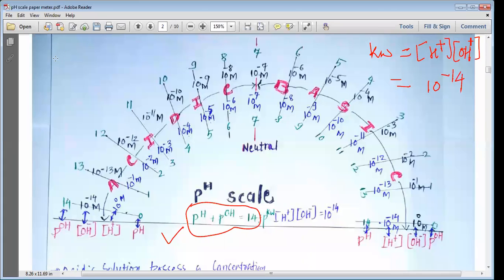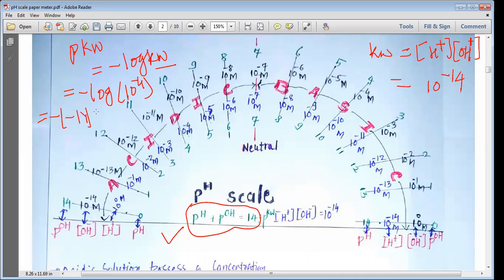But now if we write pKw, then pKw is nothing but minus log of Kw, and the value of Kw is 10 to the power minus 14, so it is minus log of 10 to the power minus 14, which is minus into minus 14 and log of 10. The value of log of 10 is equal to 1, and that gives us the value 14. So pKw always has the value of 14, and we have seen that pH plus pOH is always 14.